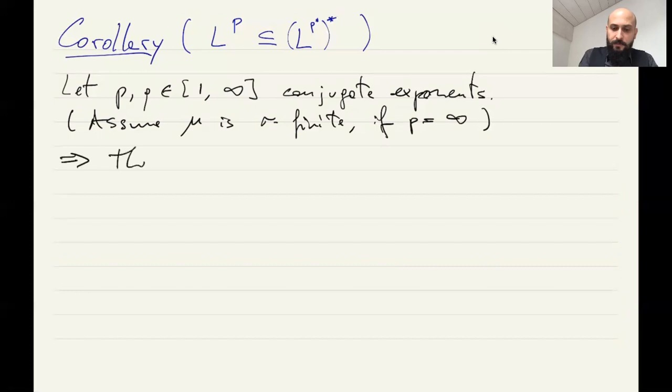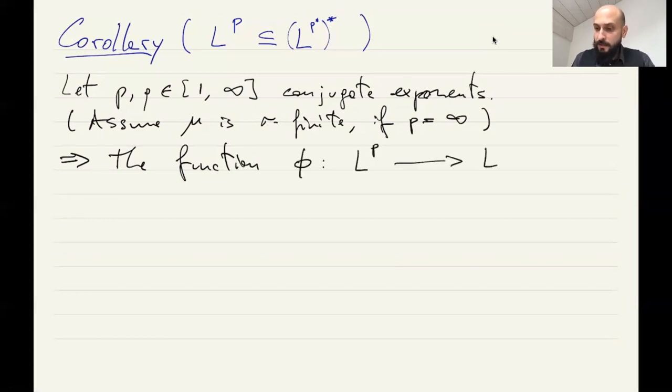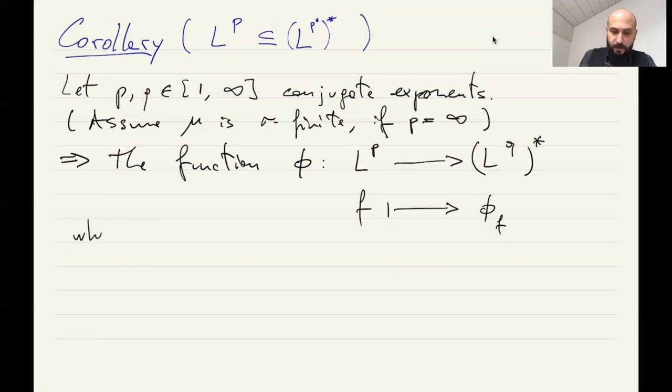Then we have the function, let's call it phi, from L^p to the dual of L^q, defined as follows: for any f, we consider the map phi sub f, defined by phi sub f applied to an element g in L^q is the integral of fg dμ.